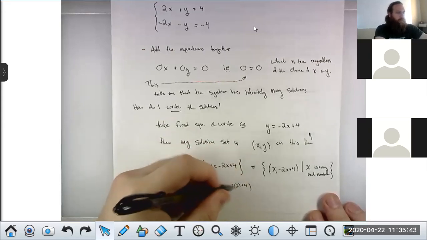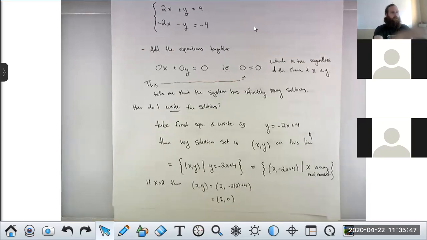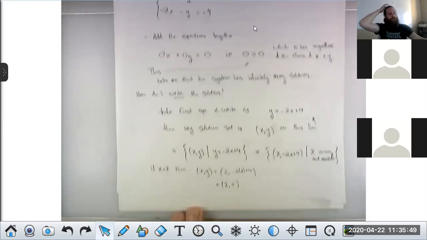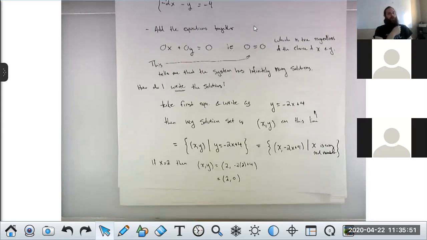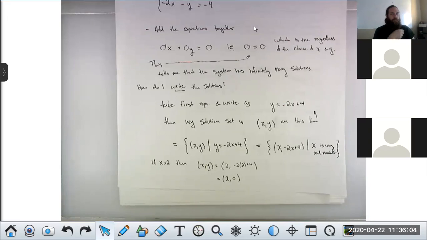Negative 2 times 2 is negative 4. Negative 4 plus 4 is 0. So one that solves that system, and it's just one of the infinitely many points that do, is 2 comma 0. Okay, I got you. Yeah, so don't forget the negative in front of this 2, right? Without that, you would get an 8 there, but it's negative 2x plus 4. All right, that makes sense. Okay, yeah, I got an 8. Thank you. That's all right, yeah, no problem.